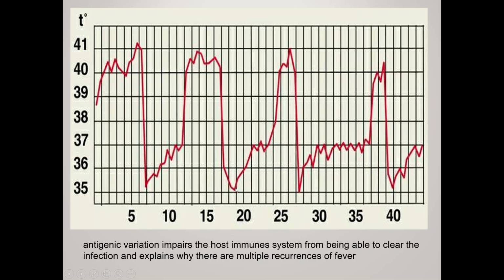This antigenic ability of Borrelia, forming antigenic variation, impairs the host immune system from being able to clear the infection and explains why there are multiple recurrences of fever.